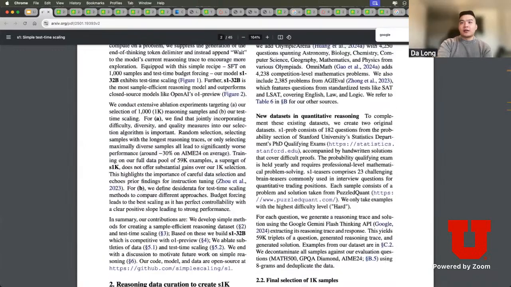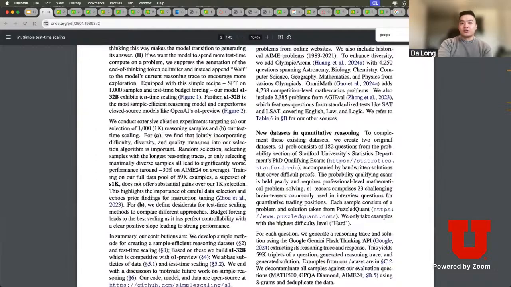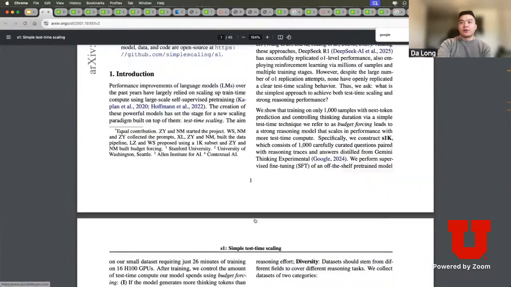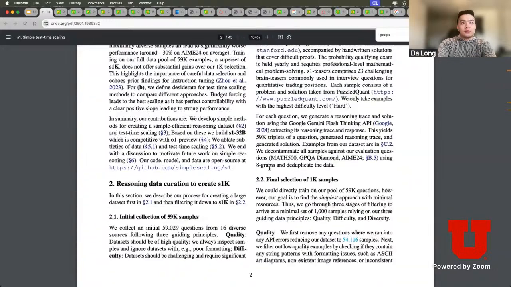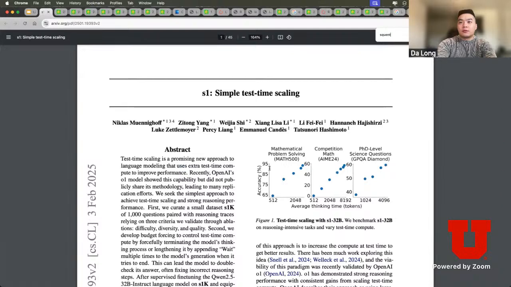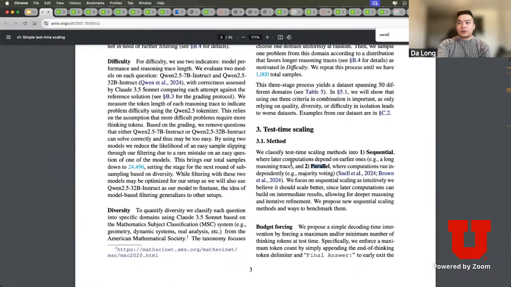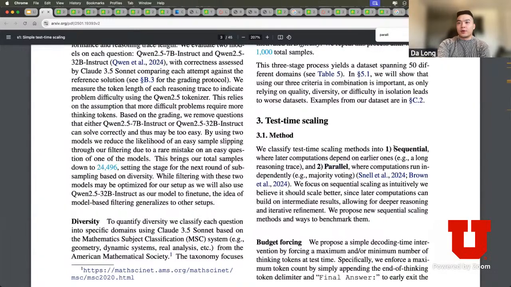Actually, they compare two kinds of scaling of inference: sequential and parallel. In their method, they are doing sequential: if they add the wait prompt, the model continues to generate.